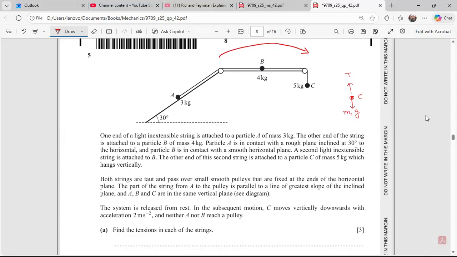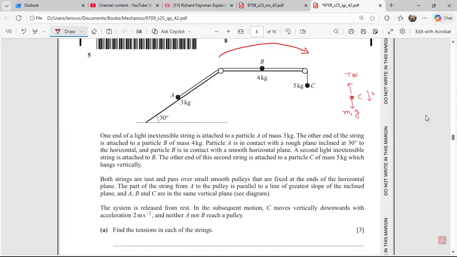Since there are two strings, one between B and C and one between A and B, I will call this tension between B and C, TBC. Of course MCG is larger, that's why it is moving downward, with an acceleration of 2 meter per second square.